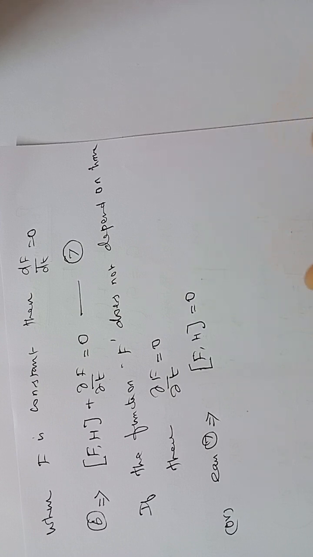Thus, that function will represent a constant of motion. This is what we infer from the Poisson bracket.